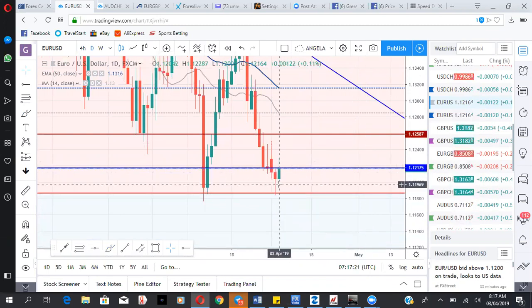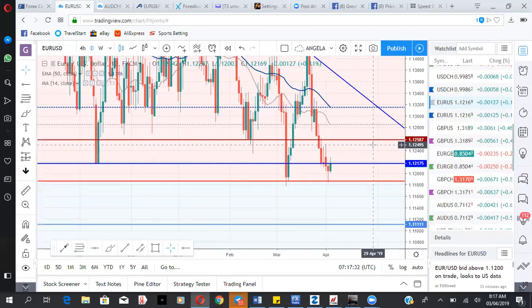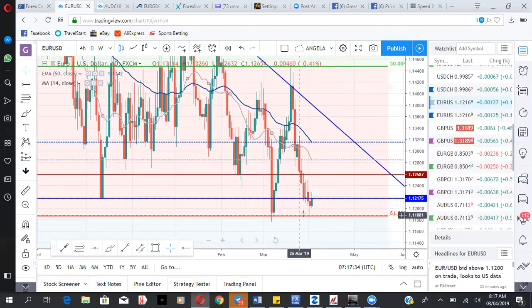So price might be moving away from this point because, if you notice, the dollar index is about to start playing the right part of its head and shoulder pattern. That may cause a little bit of relief on the Euro USD. How high will it go? I can't see. It might get as high as 1.1258.